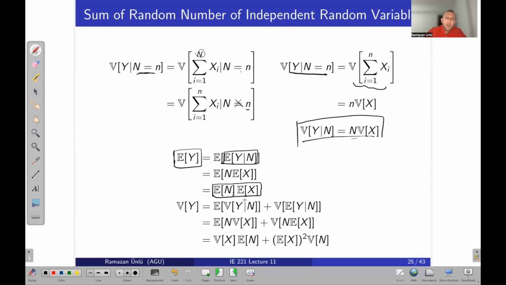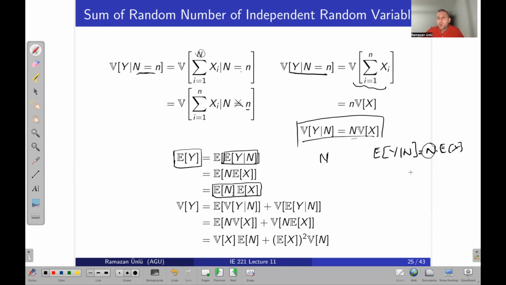Okay, and that makes sense, right? Because N is a random variable, it is not a constant. That's why I need to consider the expected value of it. Remember that the expected value of Y given N is equal to n times the expected value of X, right?